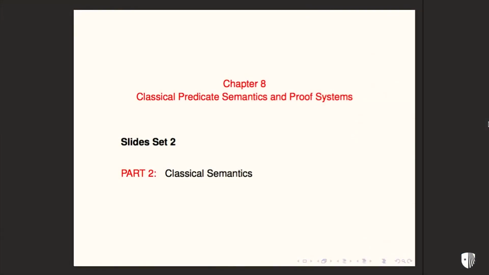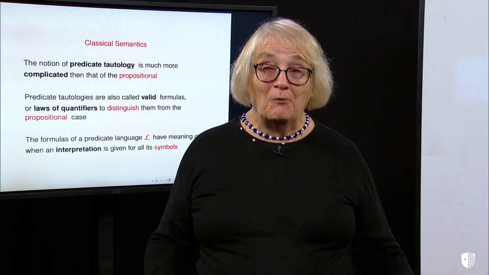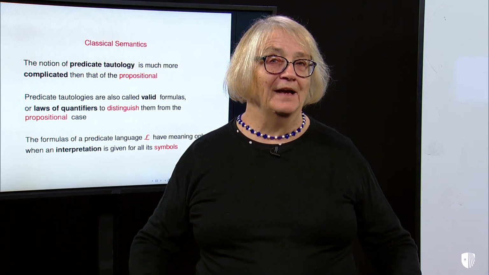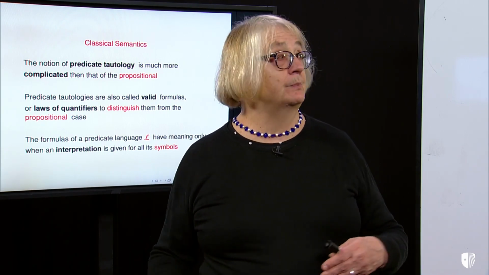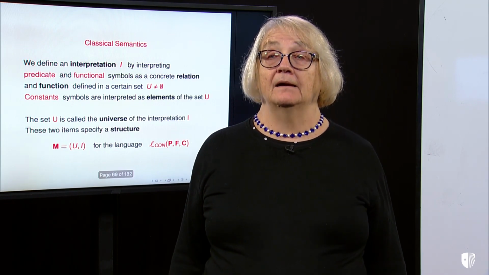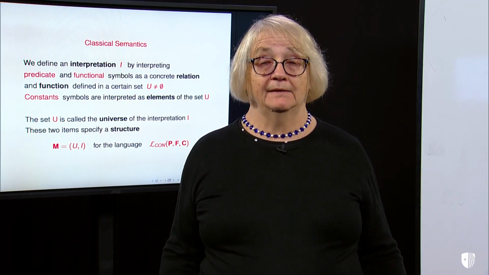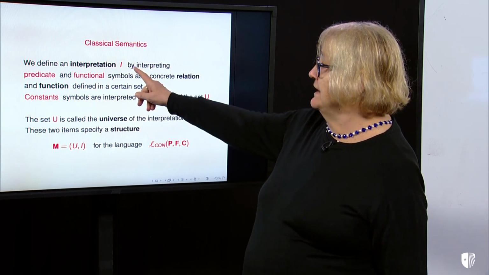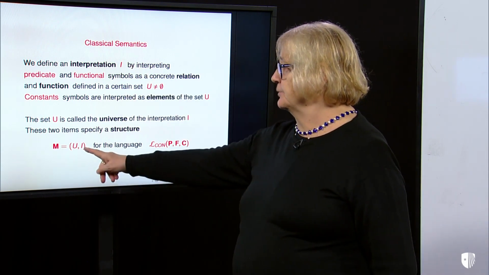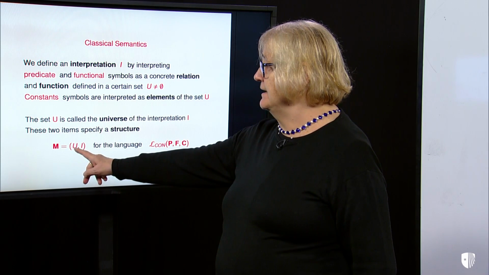Classical semantics. Slide set 2. Predicate tautology is much more complicated, so the laws of quantifiers are much more important. And all depends on how you interpret all those symbols. Now, as we did in chapter 2, there's no change, we define interpretation in the universe.